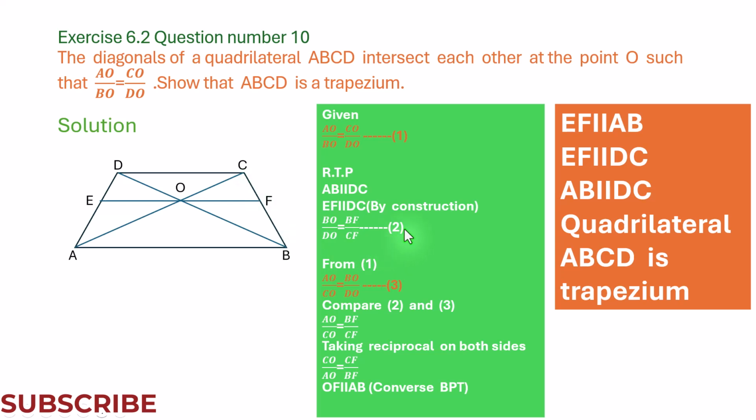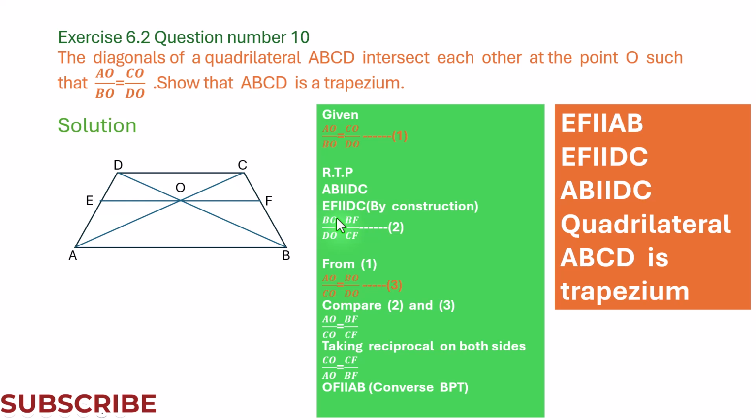This is considered equation 2. From equation 1, cross multiply: AO upon CO is equal to BO upon DO. Equation 3. Compare equation 2 and equation 3.